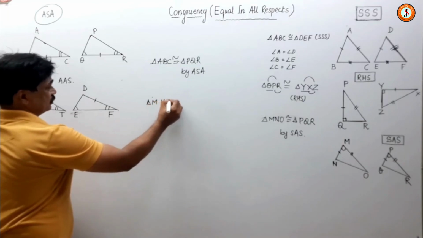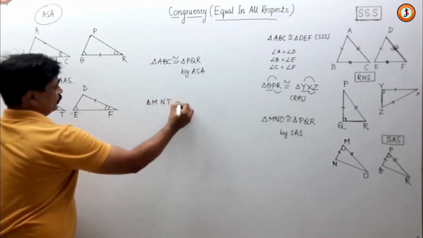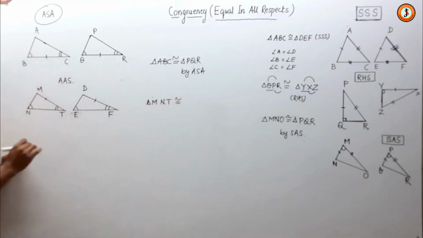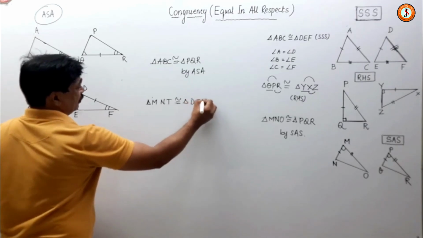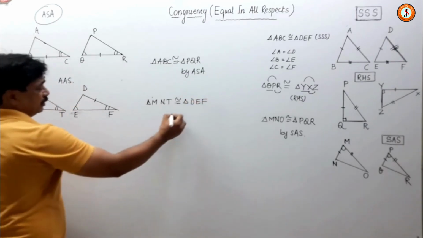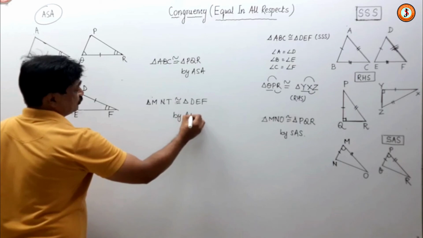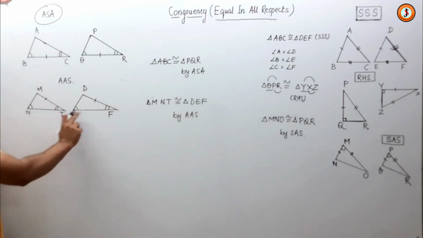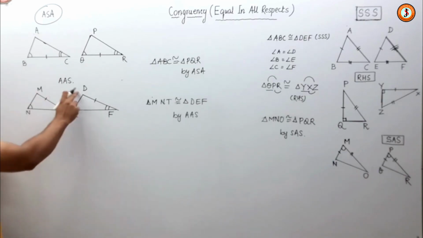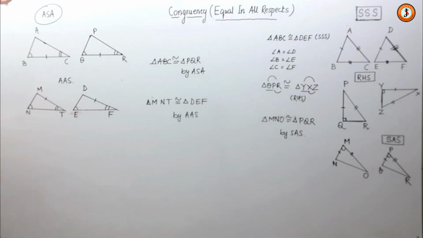The congruency sign is equal with a squiggle on top, then triangle DEF. And once the triangles are congruent, always remember to ask yourself, so what? That means the remaining sides are also equal. That means NT is equal to EF and MN is equal to DE. Thank you.